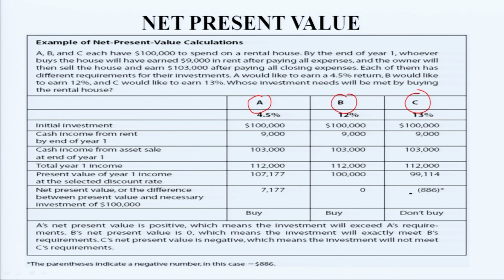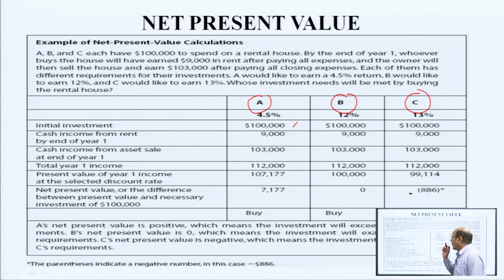The initial investment in all of A, B, C is 1 lakh. Cash income from rent by the end of year 1, everyone has 9,000. Cash income from asset sale at the end of year 1 is 1,03,000.